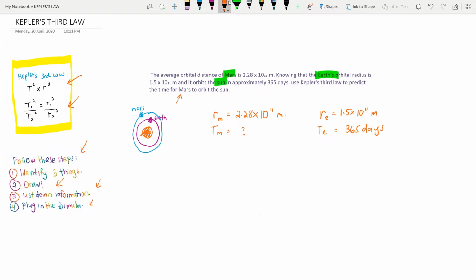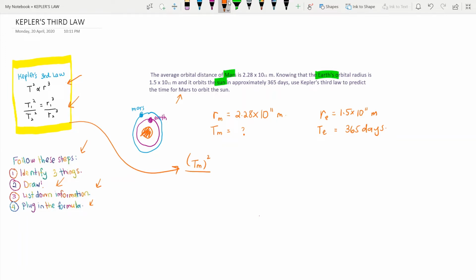So kita guna formula yang kita dah listkan kat tepi ni dan kita masukkan je. Okay, so T1 dan R1 kita wakilkan dengan Mars dan T2, R2 kita wakilkan dengan Earth. Alright, so T1 would be whatever we want to find lah. Okay, so this is what we're going to find later.